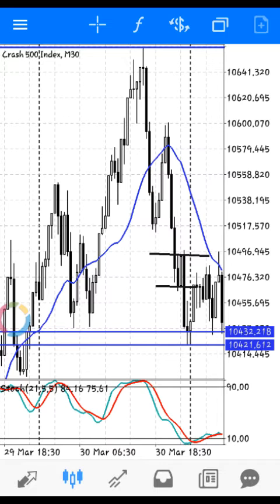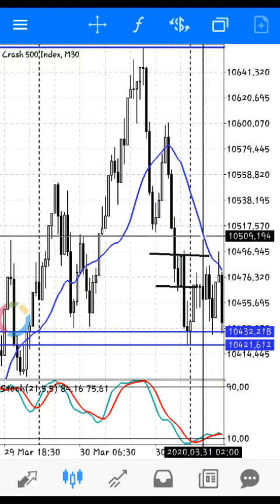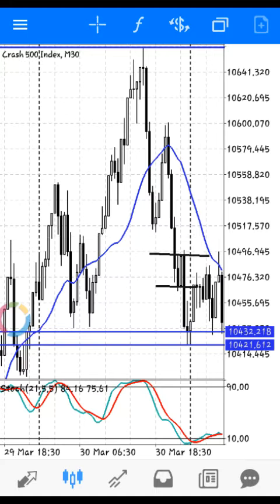So price came, touched, spiked down, this was rejection. We had this rejection, we had another rejection the next 30 minutes. Then we saw price go up, saw price come down, the massive engulfing candle.